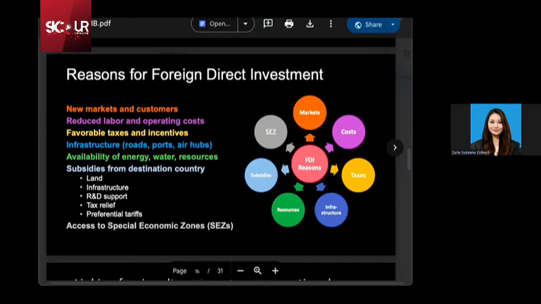Another one is corruption level, whether the government is transparent, stable, ethical, things like that. All those things are the indicators or determinants of foreign direct investment. What are the factors that they look for before they invest in any country? Access to special economic zones. And lastly, the company's own strategy.